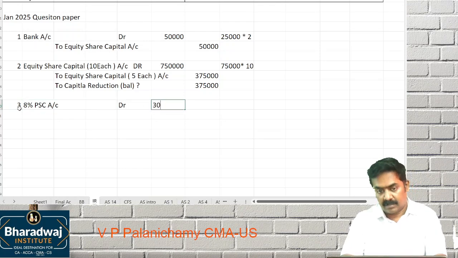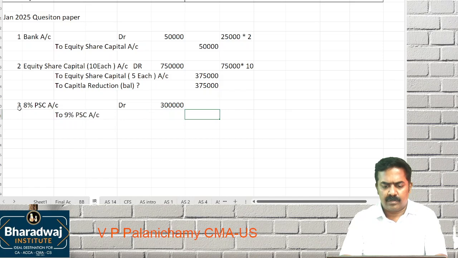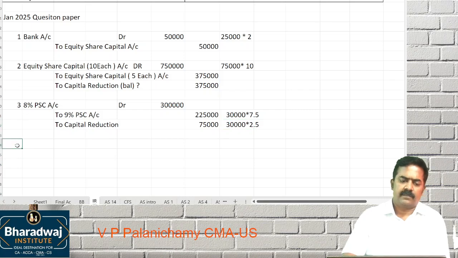How much? 3 lakhs to 9% preference share capital. 2,25,000, and 2,75,000, 2.5 into 30. Please take it up along with me. No need to wait. Any doubt in it? Next.